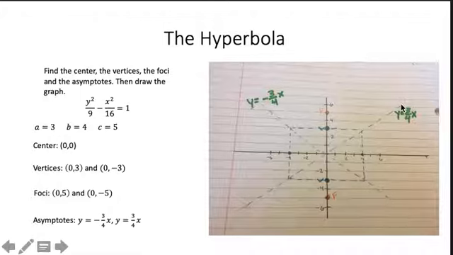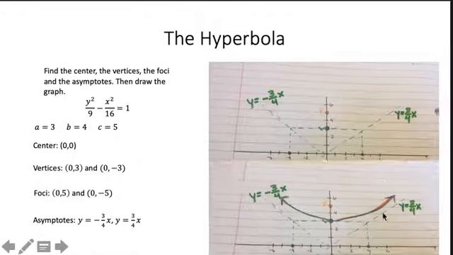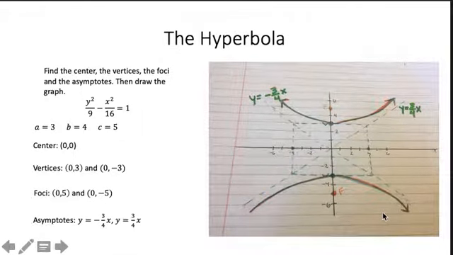Knowing that my hyperbola has a transverse axis that is the y-axis, I know that I'm going to draw my hyperbola here and here. And this rectangle and the asymptotes are kind of like my guidelines. And so the hyperbola itself is inside there. Okay, so that's how you would do it by hand. I hope that helped.